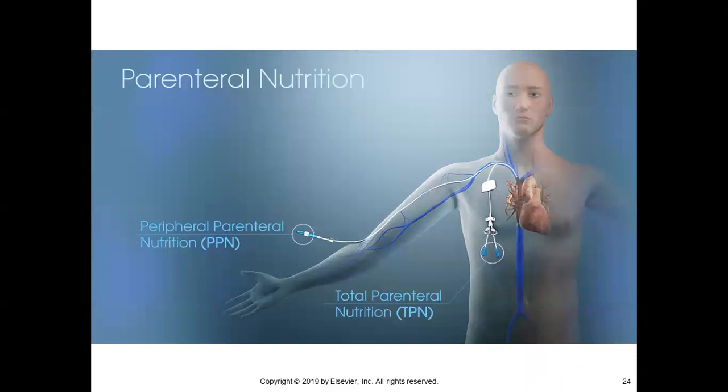So here is showing the parenteral nutrition, but a peripheral line. This is the central line, and this is the peripheral parenteral nutrition. A common question sometimes asks, why do we need total parenteral nutrition or total peripheral nutrition?